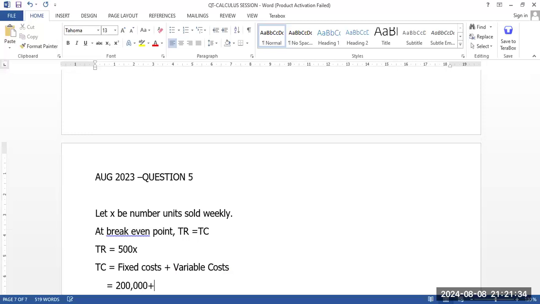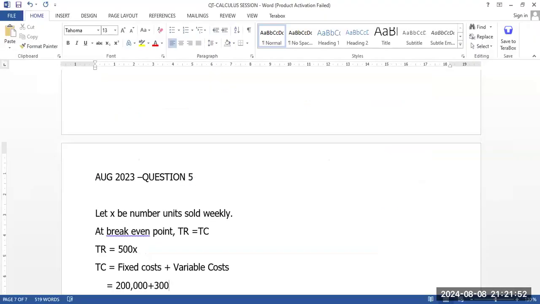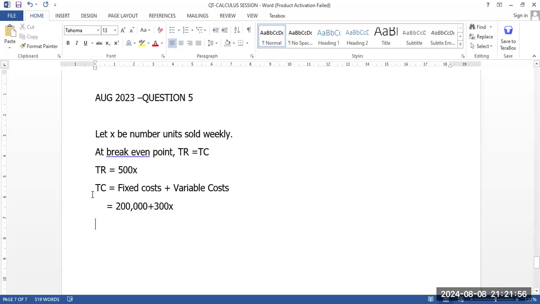Then we add variable costs. For variable costs, they are telling us that it is 300 per unit. So we get 300 times X, which is 300X. So that is your total cost function.